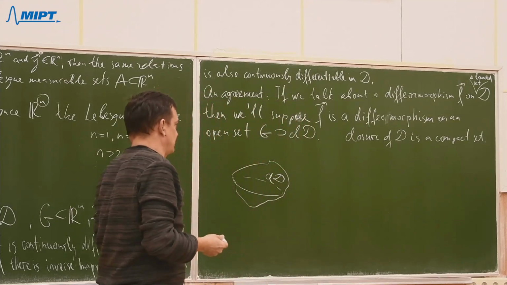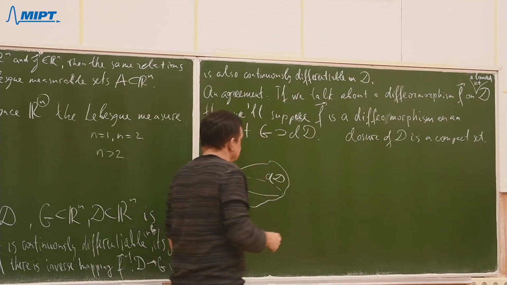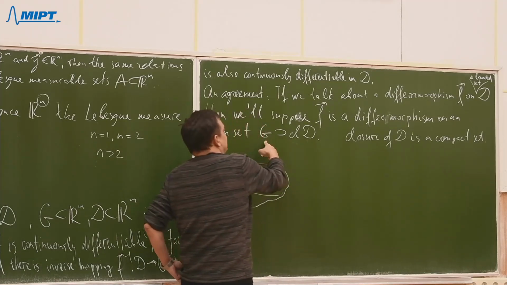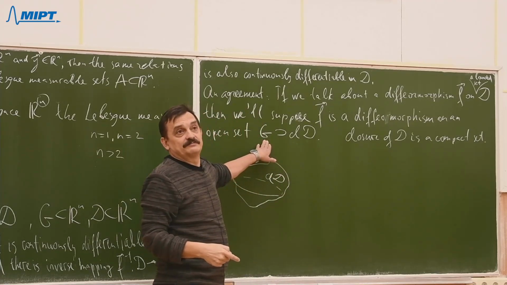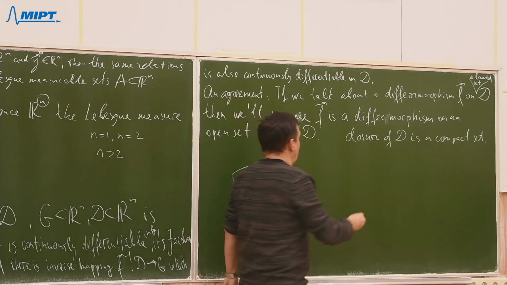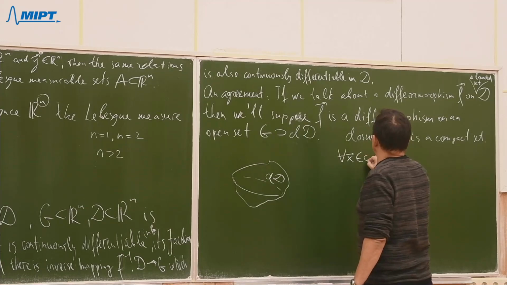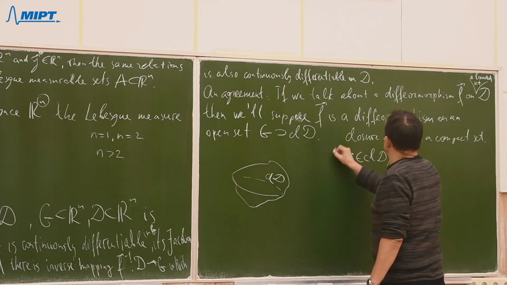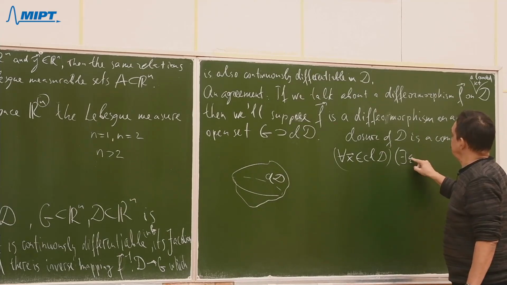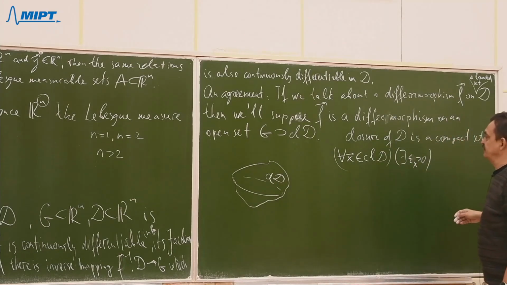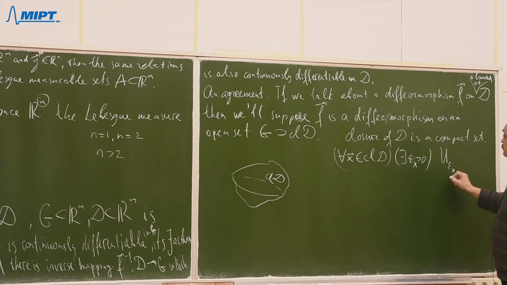So that is a compact set. Then this compact set is a subset of an open set, right? Hence, for an arbitrary point x in the closure of D, there exists epsilon x such that the neighborhood with this radius of x is in G. That is because G is open, so every point of G is an inner point.